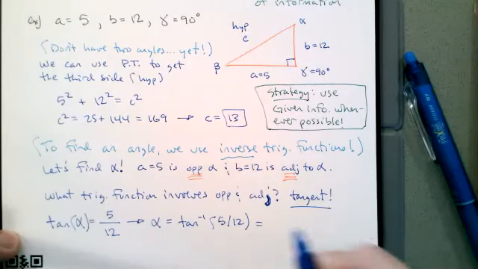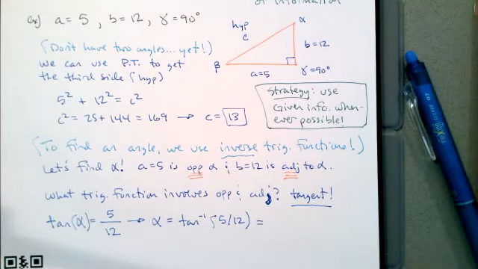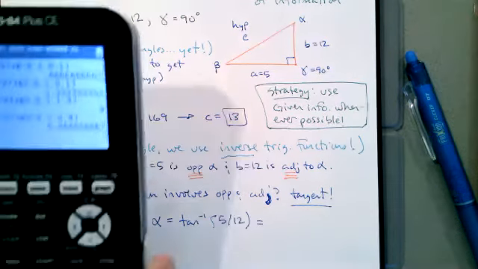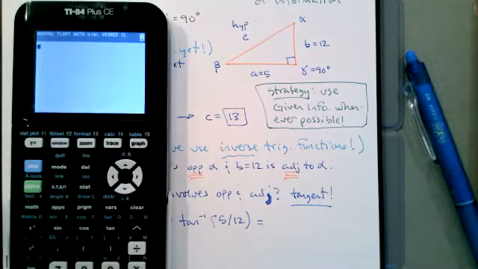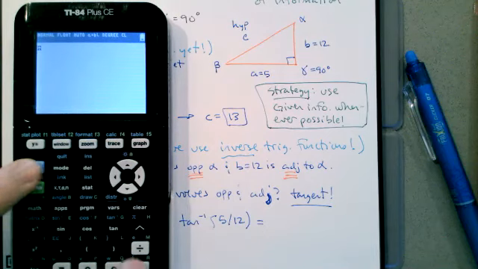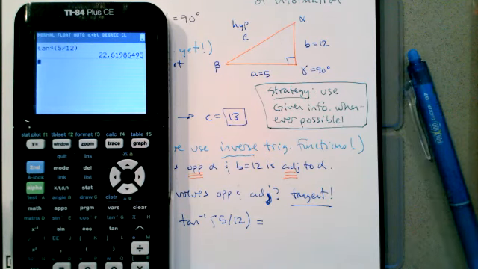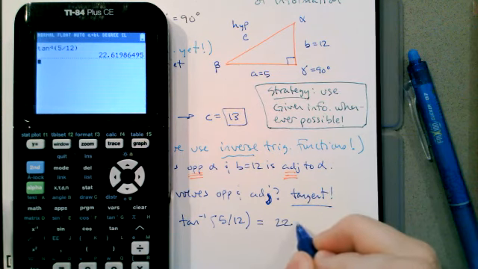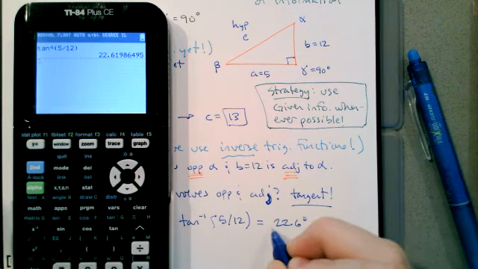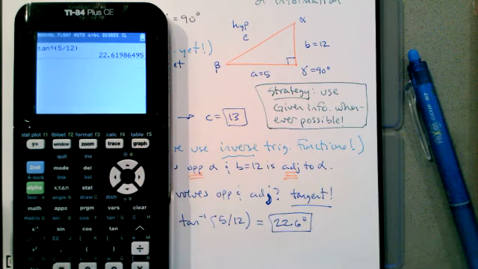I'm going to write it this way because that's how I'm going to type it in my calculator. I'm going to do second tangent for tangent inverse, 5 divided by 12, close parentheses, equals 22.6 degrees. Any questions?